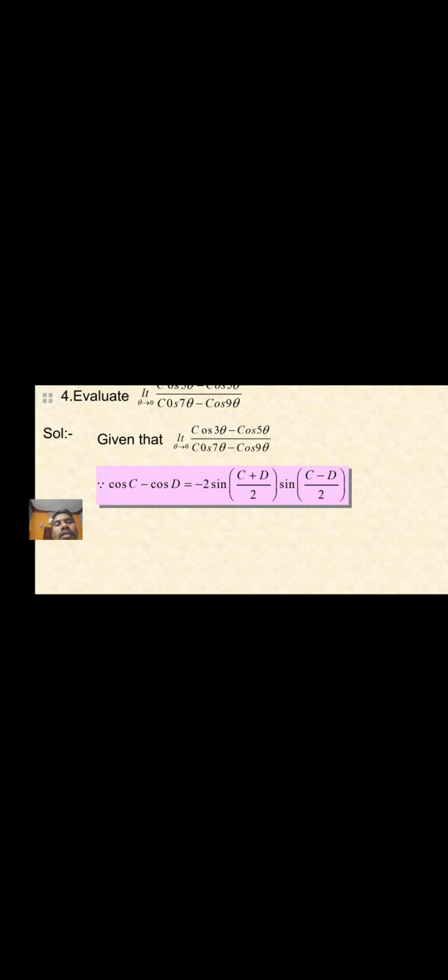But on the right side, we have a product, a single term, we say. So here, subtraction: two terms, and subtraction is the relation between two terms, that is cos c minus cos d.